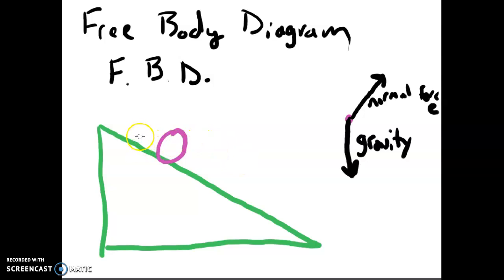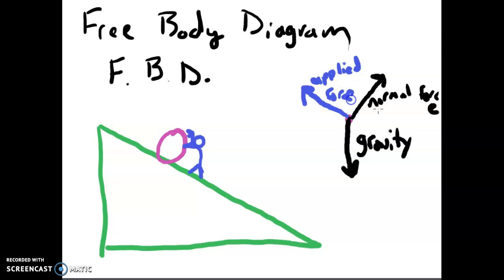And let's say I had a person who didn't want this ball to fall, and so was pushing it with all their might, pushing it up. Well, then we would have to add a force. In this case, this person is applying, so we might call it applied force, a force in this direction.